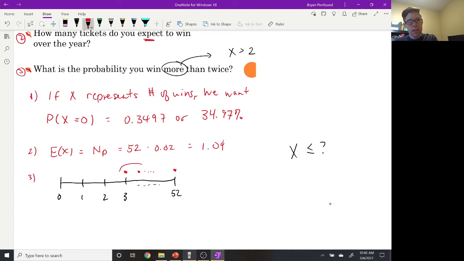So all of this here in red would be winning more than twice. Or in other words, X is bigger than 2. Now I'm going to come back, and in green, I'm going to put some green dots down here. And these green dots are going to represent winning twice or less. Okay.